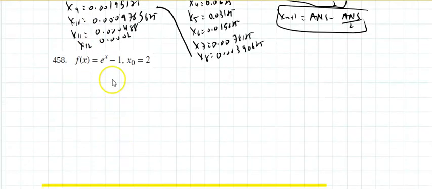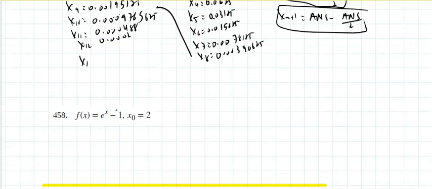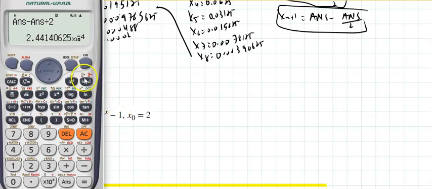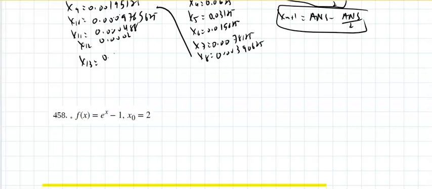And the list goes on. X sub 13 will be 0.0001.